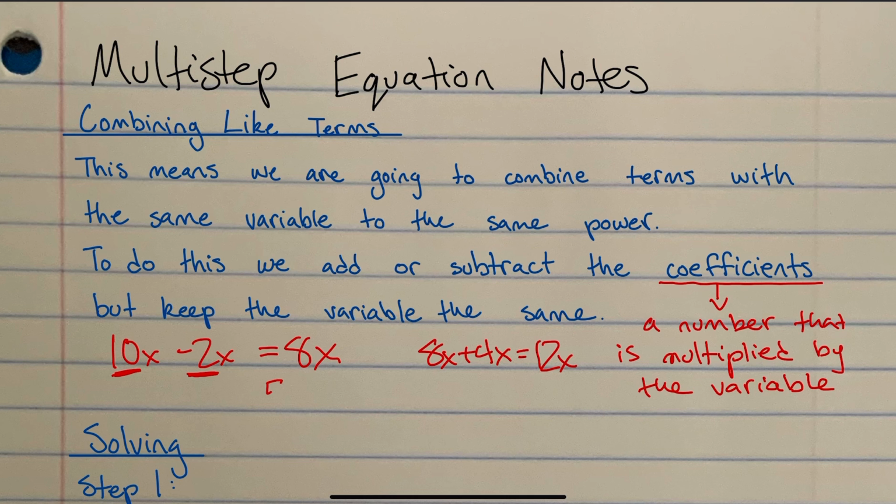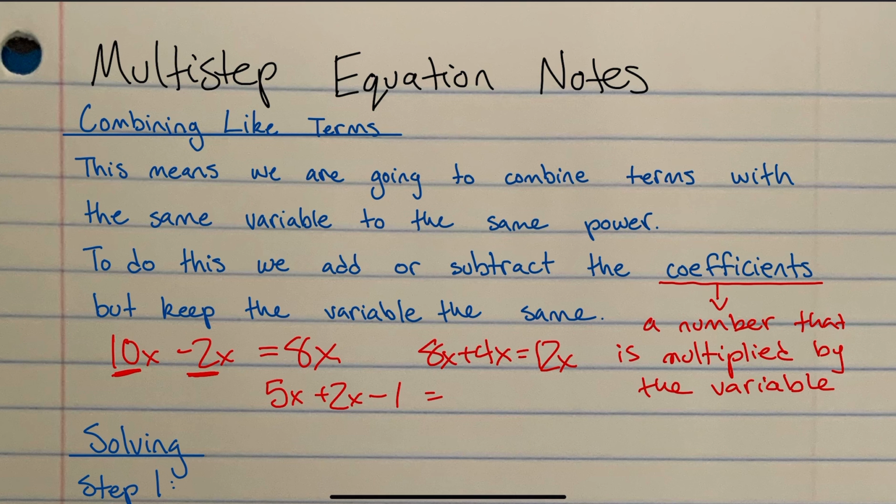Another example, we have 5x plus 2x minus 1. So this one's a little bit different. Now, I don't know if you noticed, but this 1 does not have a variable. Therefore, it is not a like term.